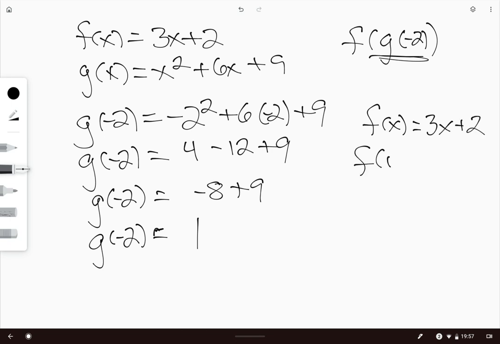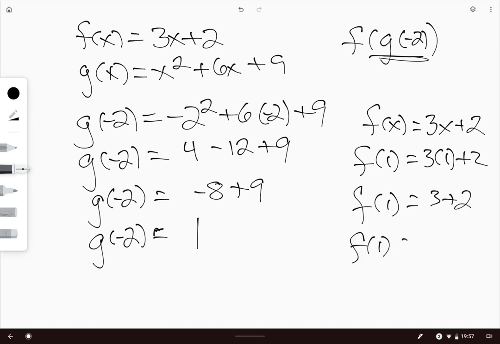So we're going to take the f of 1. All right, so the f of 1 equals 5. So the f of the g of negative 2 equals 5.